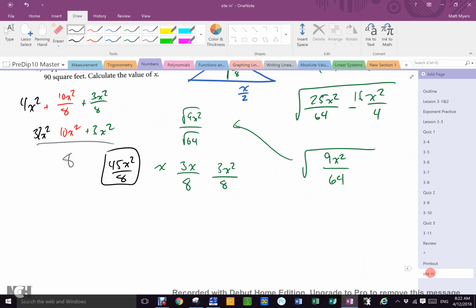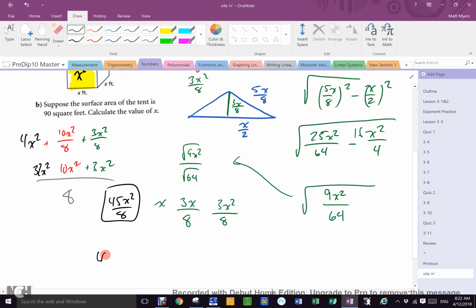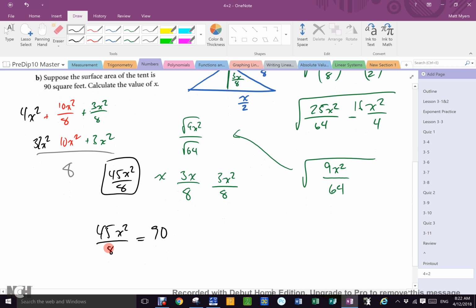And then finally, if the whole thing is 90, calculate x. So 45x squared over 8 equals the area, which is 90. And then we just do algebra. How do I get rid of the 8? Multiply by 8. 45x squared is 720.